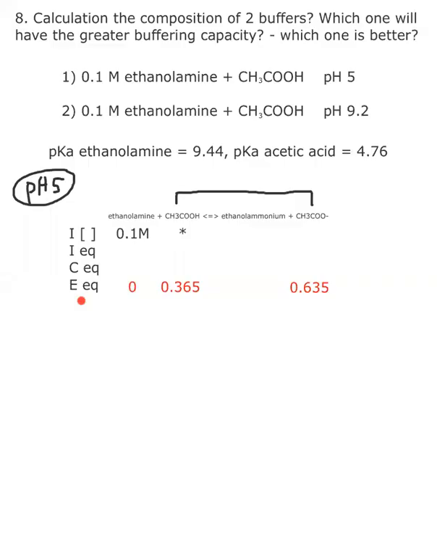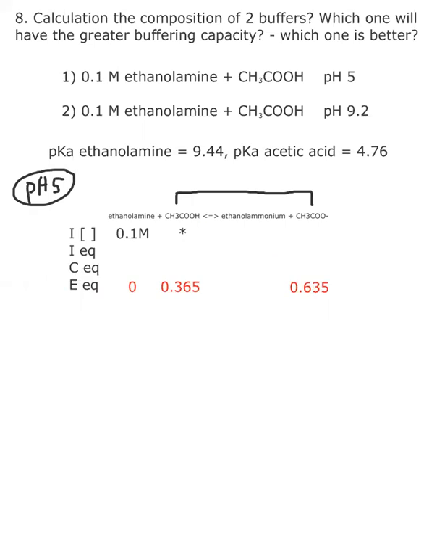We calculated from the Henderson-Hasselbalch equation, and we got the equivalence of either the acetic acid and the acetate at equilibrium will be this value. So to calculate the concentration of initial acetic acid in the buffer, you have to work backward.